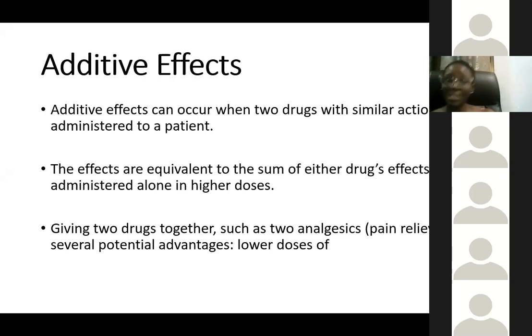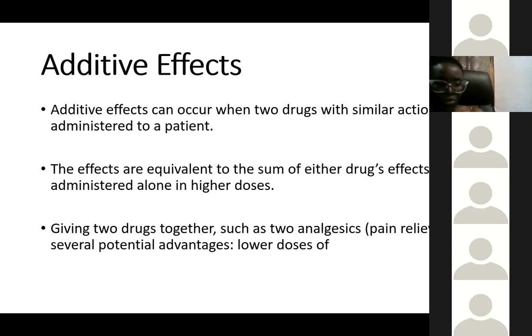This medication has smaller doses of codeine and smaller doses of paracetamol than you would give. If you are giving an adult paracetamol, you give 2 tablets, but the Codamol contains maybe 600 milligrams of paracetamol instead of 1 gram, and a smaller dosage of codeine. The effect is equivalent to administration of either paracetamol or codeine alone in higher doses.